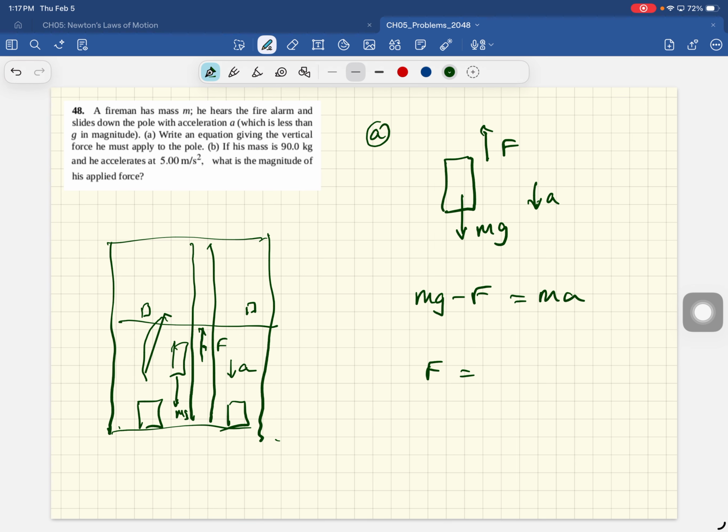So the force on you will be, okay, the force on the car is equal to the force on the truck. The magnitudes.